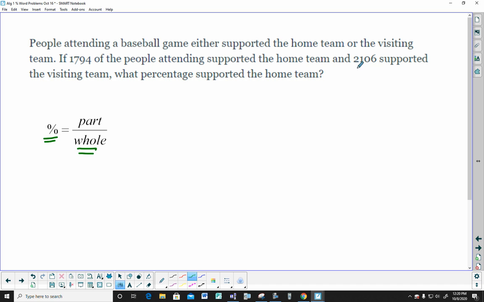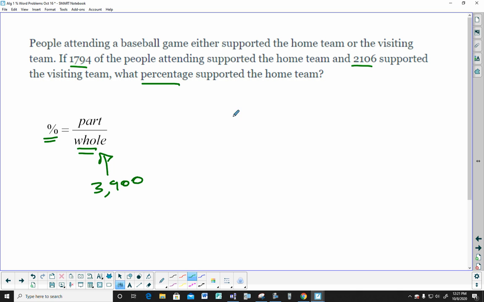But notice they tell you the people that were supporting one team or the other. So you can get the total people just by adding the two numbers together. So 1794 plus 2106, there was a total, a whole, all the people in attendance were 3,900 people.